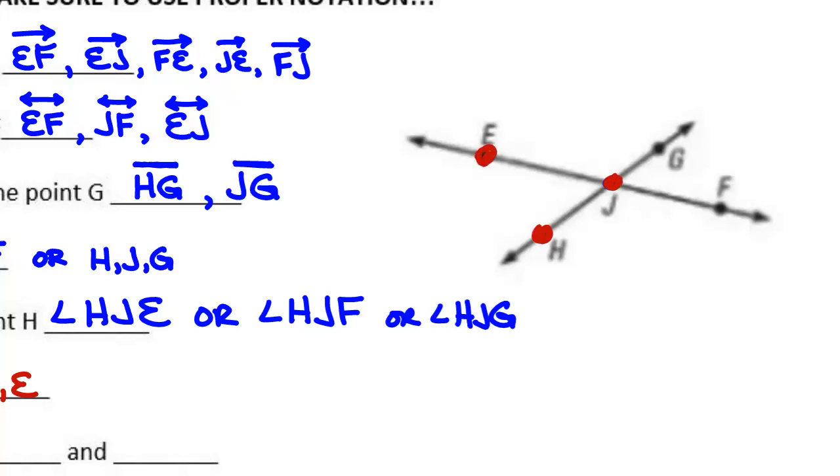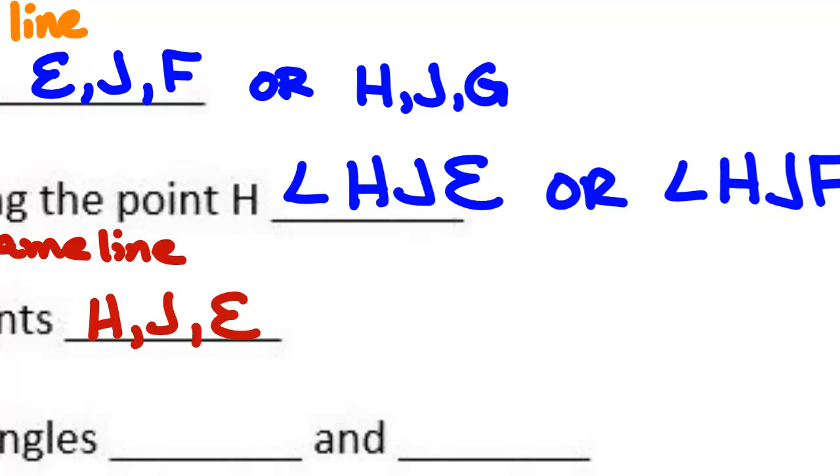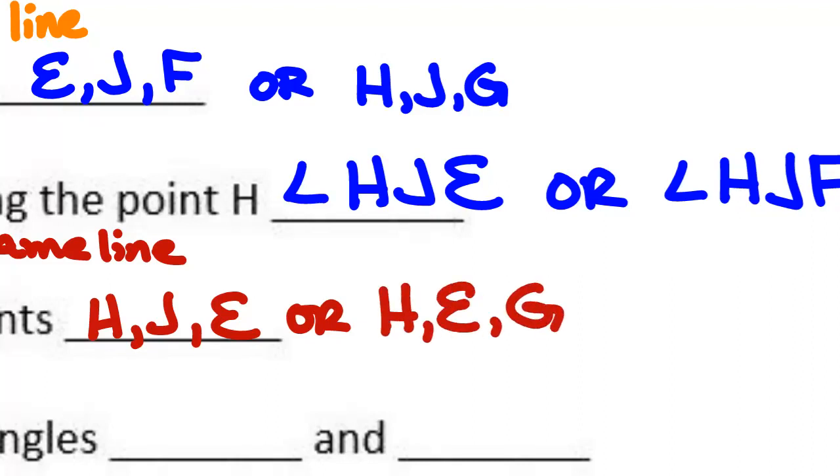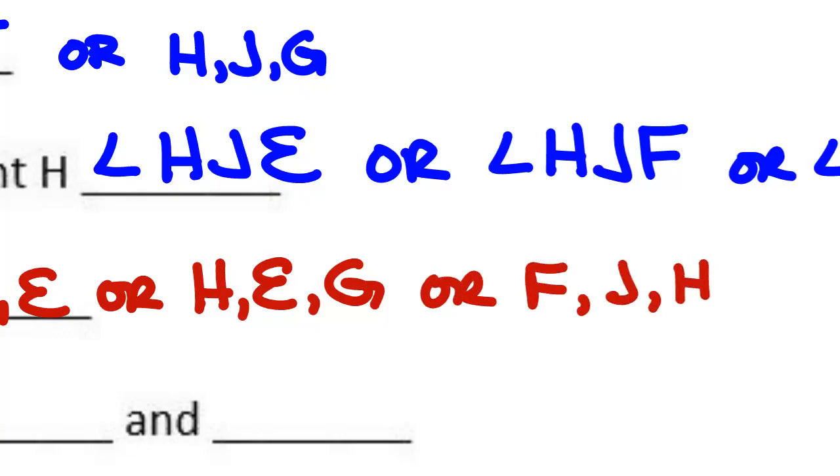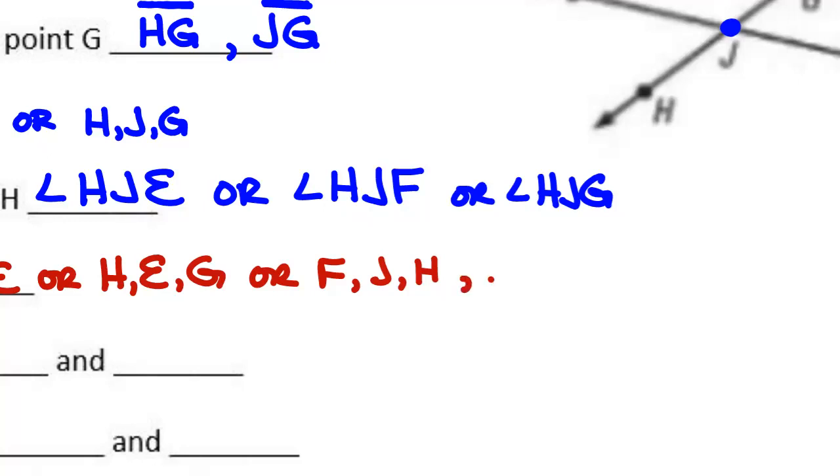I cannot draw one single line through and hit all 3 of those points. We can do HEG. I could do FJH. We could keep going on and on with this. So there are many, many more that are 3 points that are not all on the same line together.